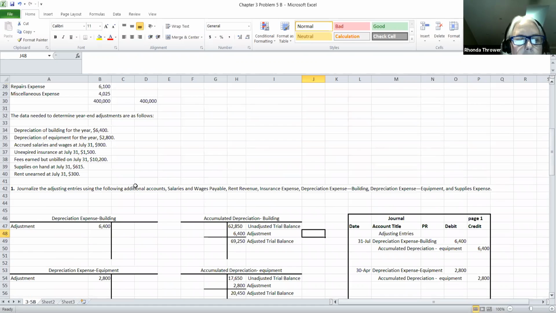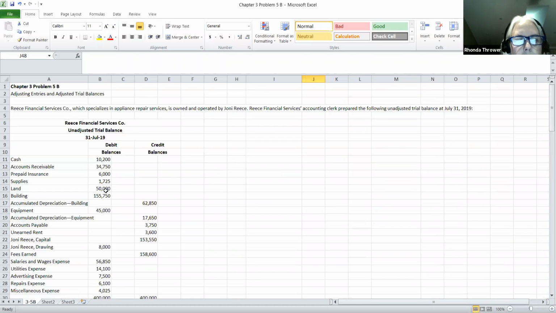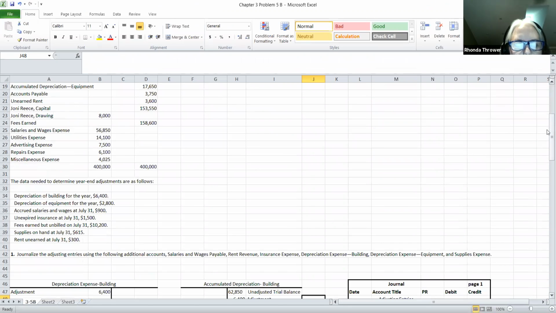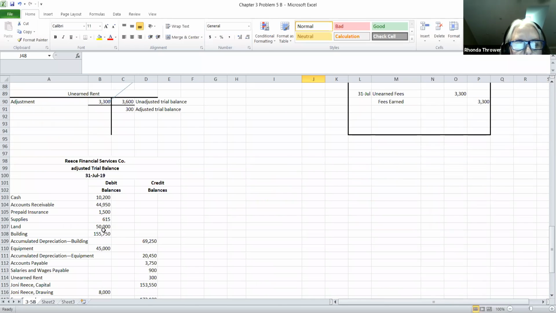The next account is land. We never make an adjustment for land. We just bring the balance into the adjusted trial balance. So $50,000 goes on the debit side of the adjusted trial balance.